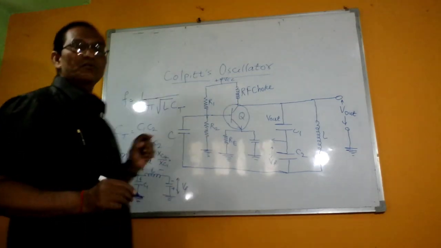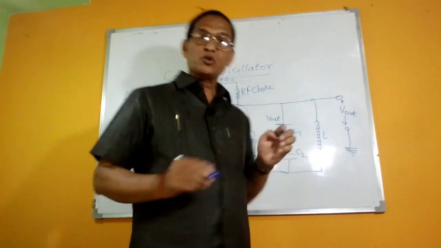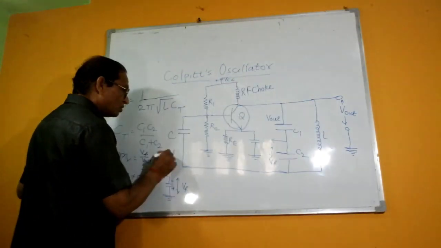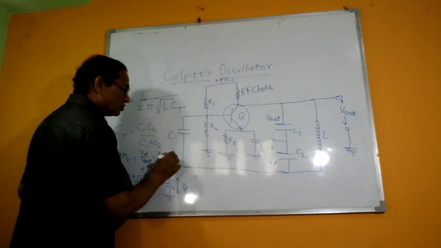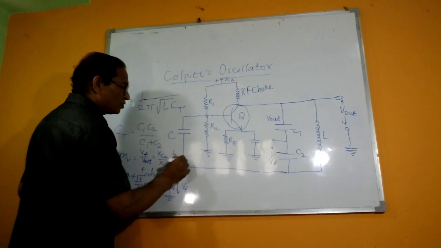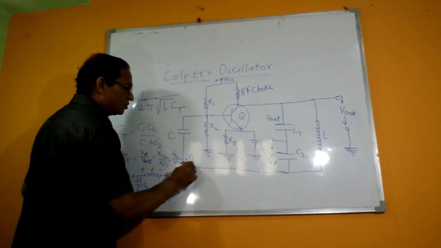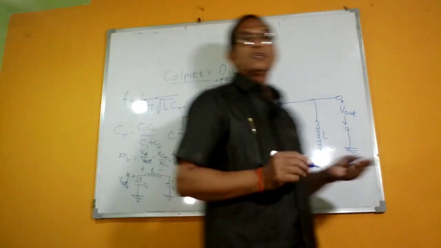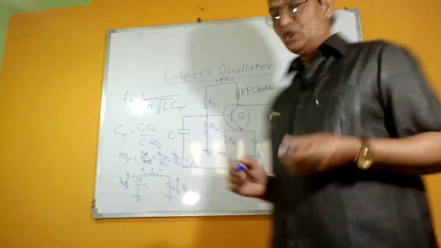The reactance of a capacitor is inversely proportional to its capacitance. Therefore, this is 1 upon C2 divided by 1 upon C1, which gives C1 divided by C2. That is, the feedback fraction M is given as C1 divided by C2.